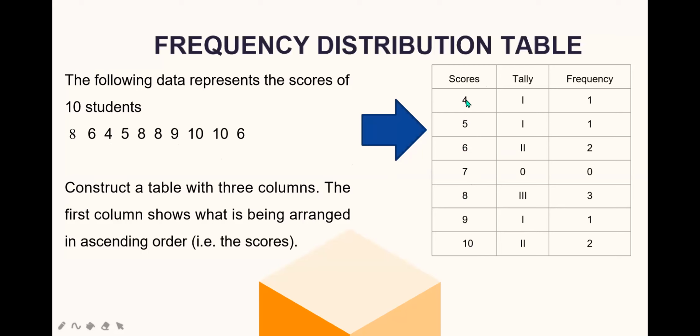We count how many 4 are there in these 10 students. It's just 1, so the frequency is 1. How many 5 scores? It's only 1 again. How about 6? It's 1 and 2, and so on. We don't have 7 scores here. So this is what we call a frequency distribution table. From the word frequency, it contains the frequency of the scores in a table.